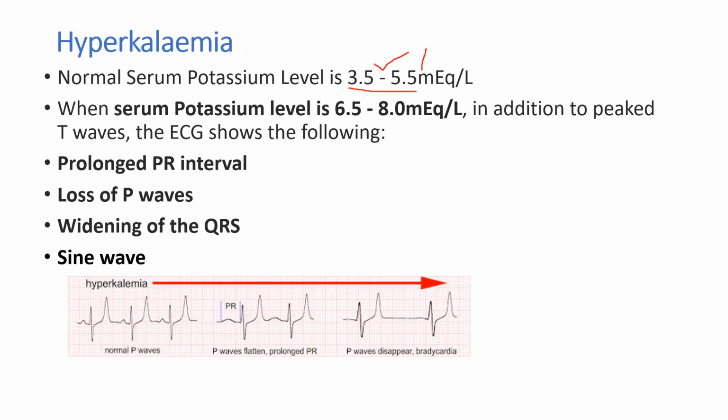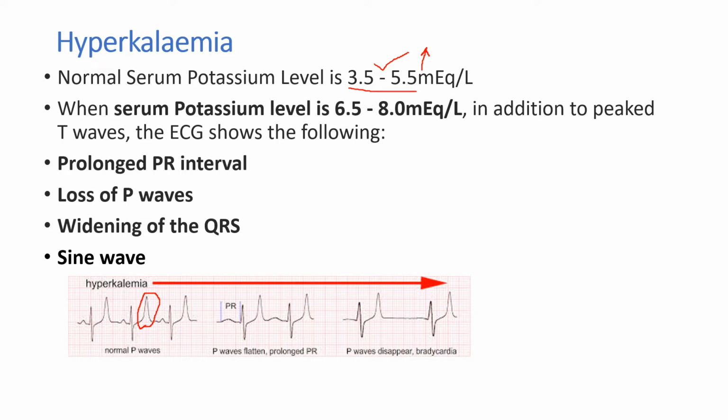After this level, you can see stepwise progression of the conduction abnormality of the heart. Initially, you can see repolarization abnormality represented by peaked and tall T wave in the ECG, and it is the earliest sign of hyperkalemia. Let's talk about P wave changes in hyperkalemia.